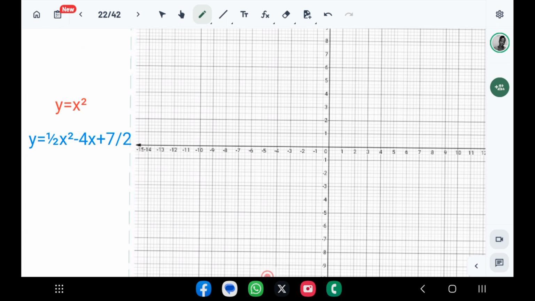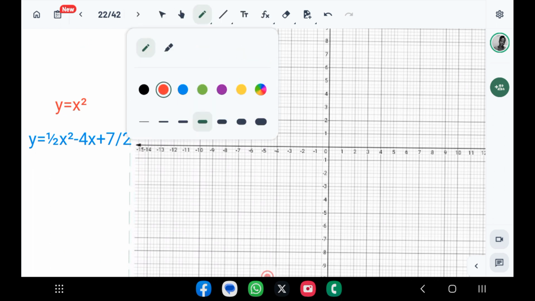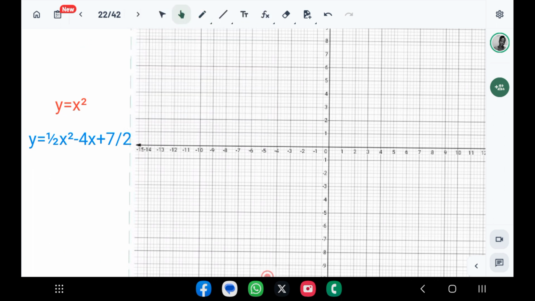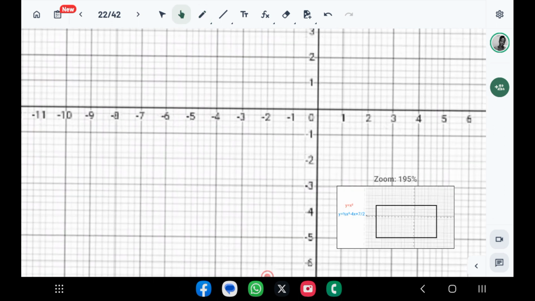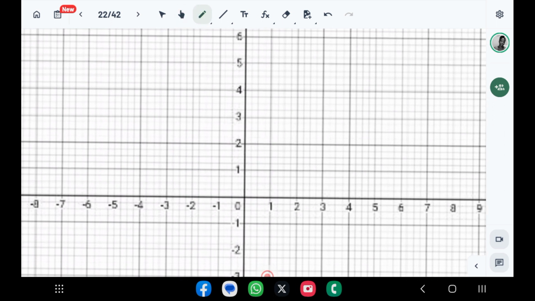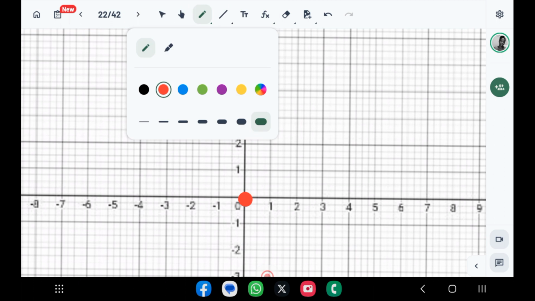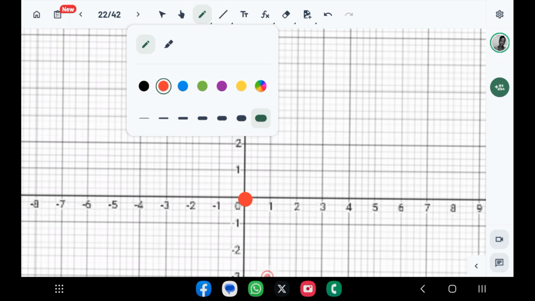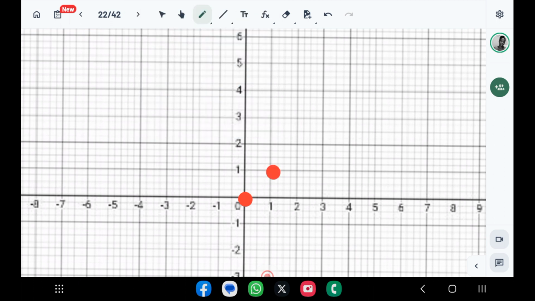Before we draw the graph, let's draw the standard one. You don't have to do this. I'm doing this because I want you to see how everything changes based on the equation from the standard basic format. So that's 0, and that's 1, 1, negative 1, 1, 2, 4, negative 2, 4.